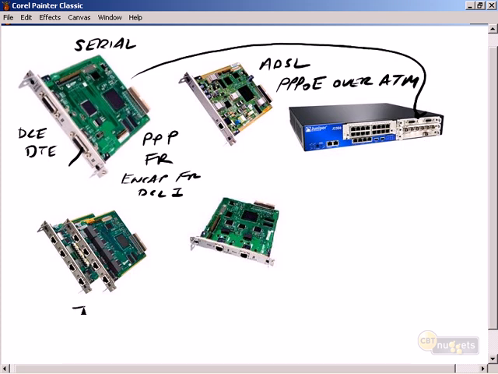Down here you can see older ISDN cards. We don't really use that much anymore, maybe in rural areas. Here's a T1 card. Often a T1 card will use Cisco's HDLC encapsulation. No real big configuration there other than the command encapsulation cisco-hdlc.